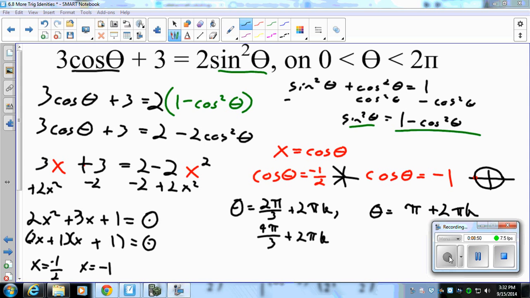Wanting just the solutions from 0 to 2 pi, I get theta should be equal to 2 pi over 3, and putting them in order from smallest to largest, I get those as my 3 possible solutions to my quadratic trig equation.